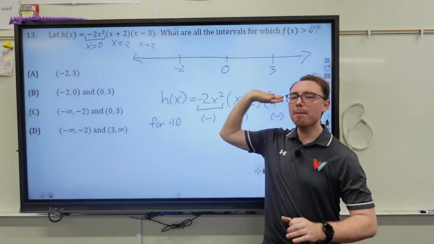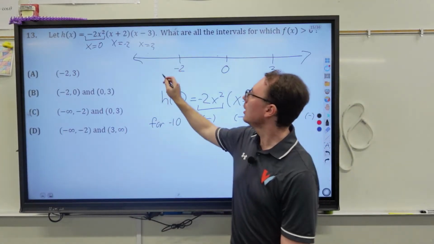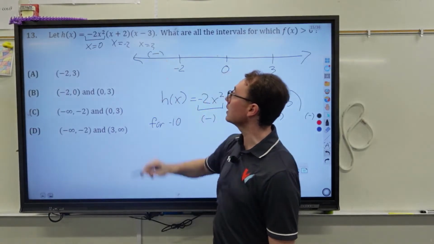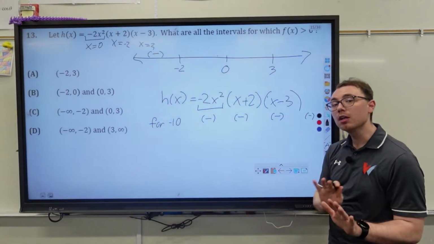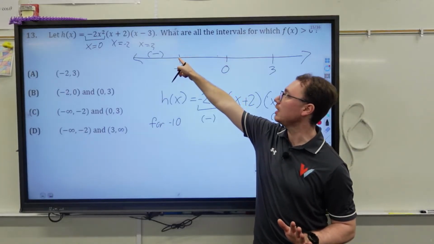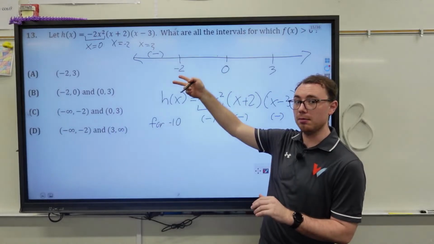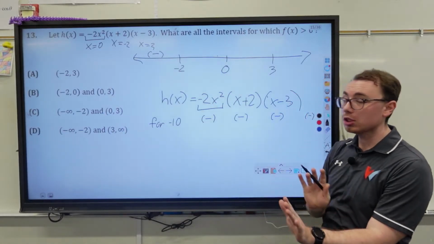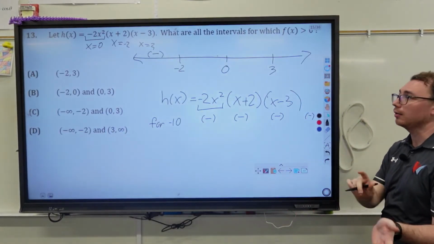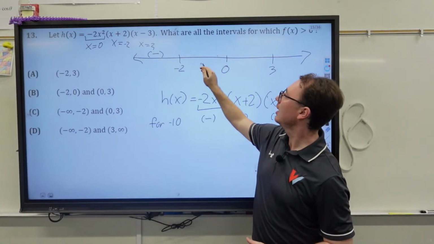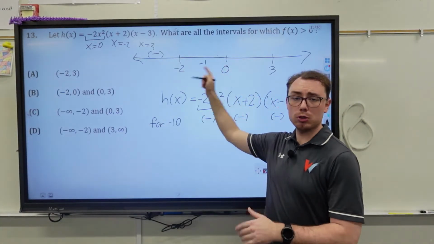So everything past -2, the graph itself is going to be a negative graph. Usually at these points, we should notice a change in polarity. We might see that here. Let's try and plug in -1, a value between both of those.